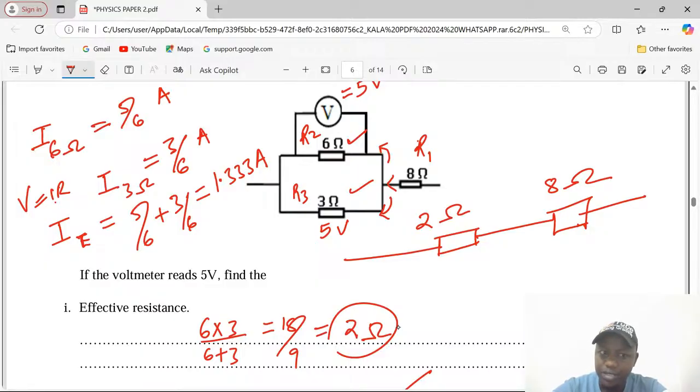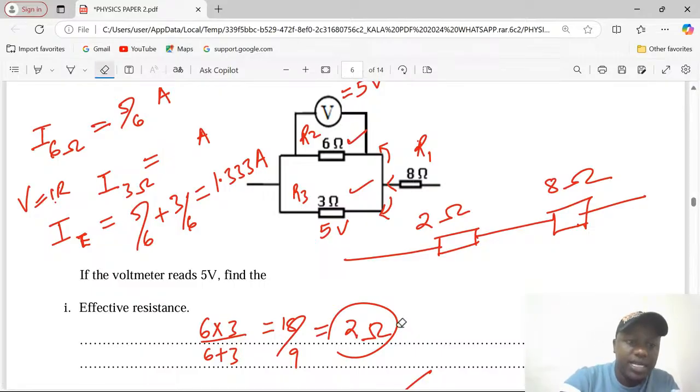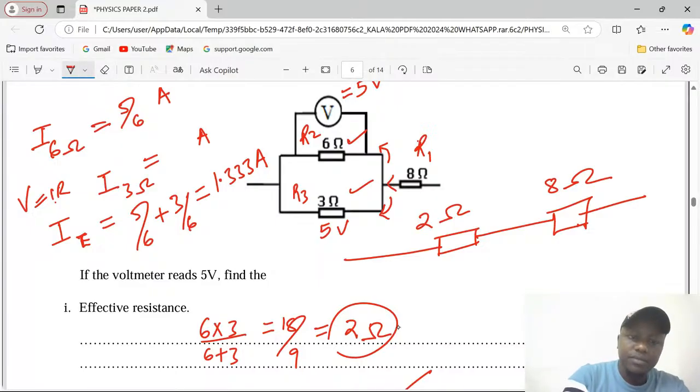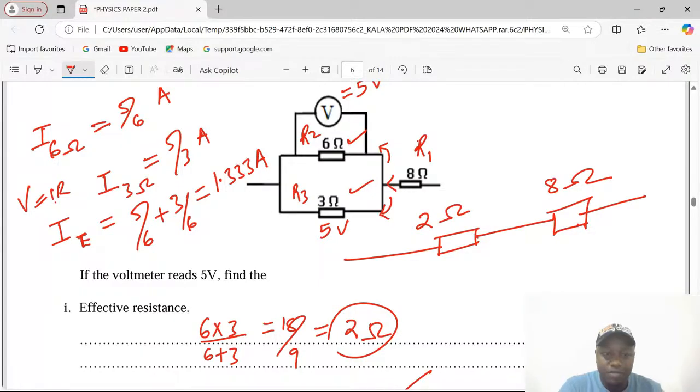Wait, I must correct that. V over resistance. So V is 5. In this case, V is 5 out of 3. Yeah, 5 over 3. 5 out of 3.